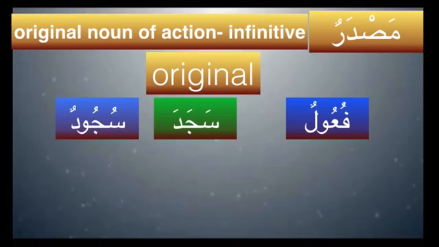So we have seen, we have jim, and you have dal, for example, and that is one of the patterns. We just learned in the video before raka'a, ruku'un. So ruku'un has the verb's base letters.